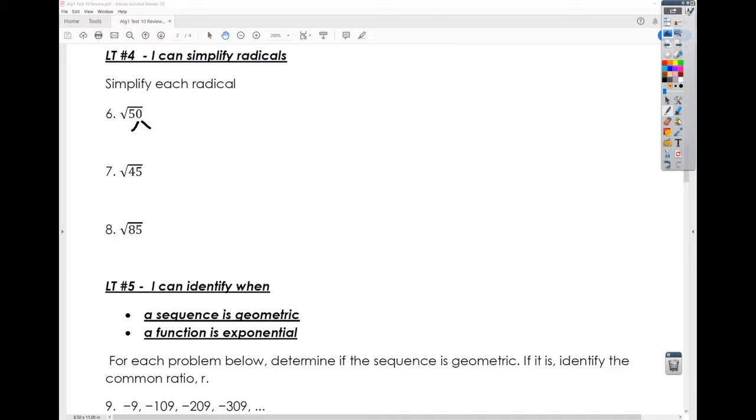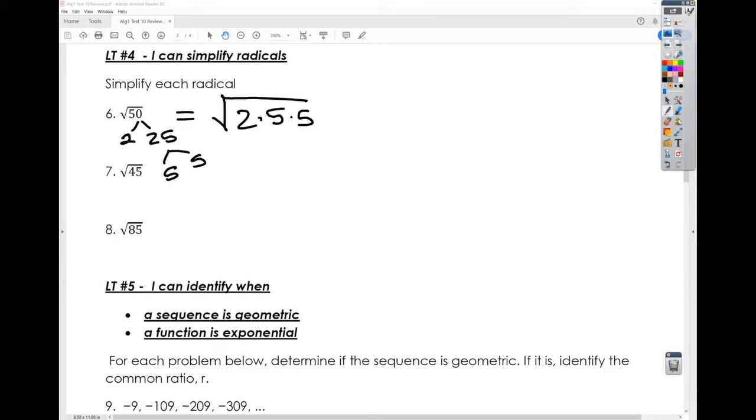But I'm going to do it as 2 times 25. And then with the 25, we can break that up into 5 times 5. And so then we can take this square root of 50 and write it as the square root of 2 times the square root of 5 times the square root of 5.